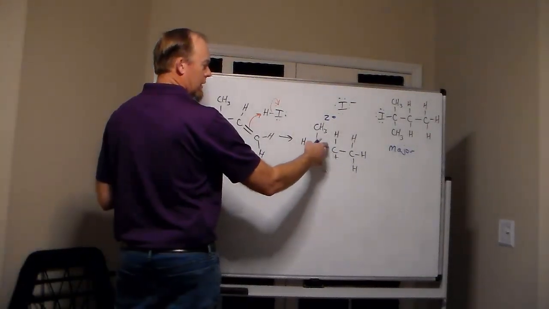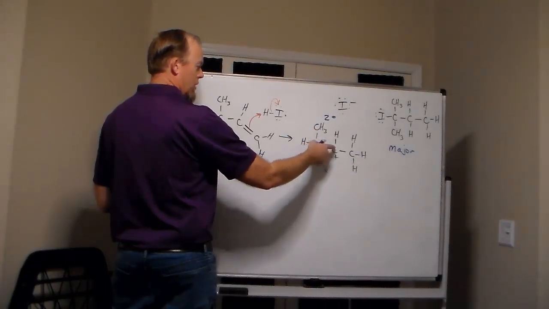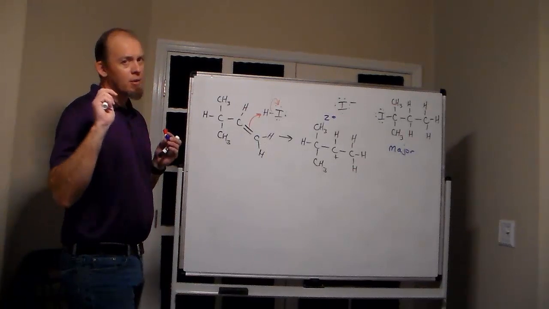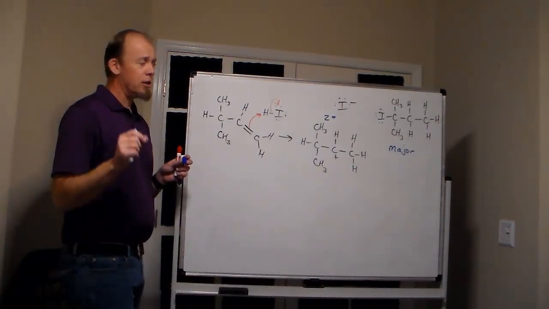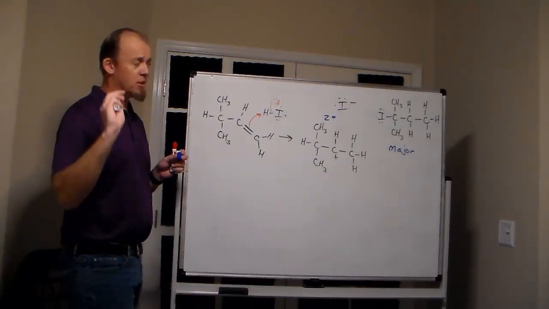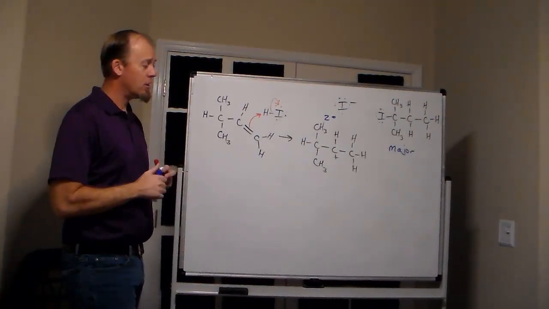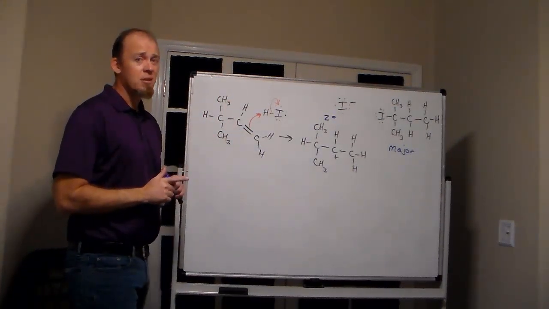But if we look to the left, this carbon has 1, 2, 3 carbons attached to it. We know if we could make a cation out of that, tertiary, 3 carbons, is going to be more stable than secondary, 2. So it finds a way to make it.